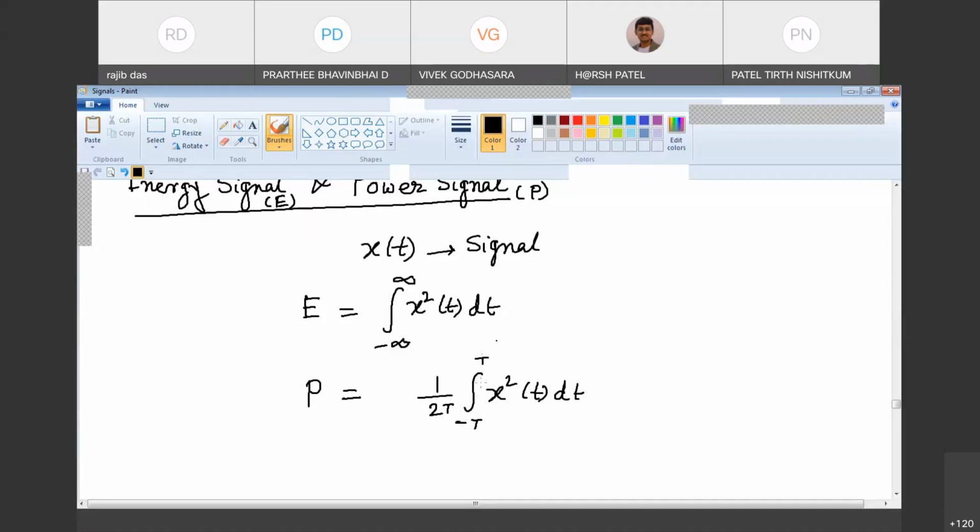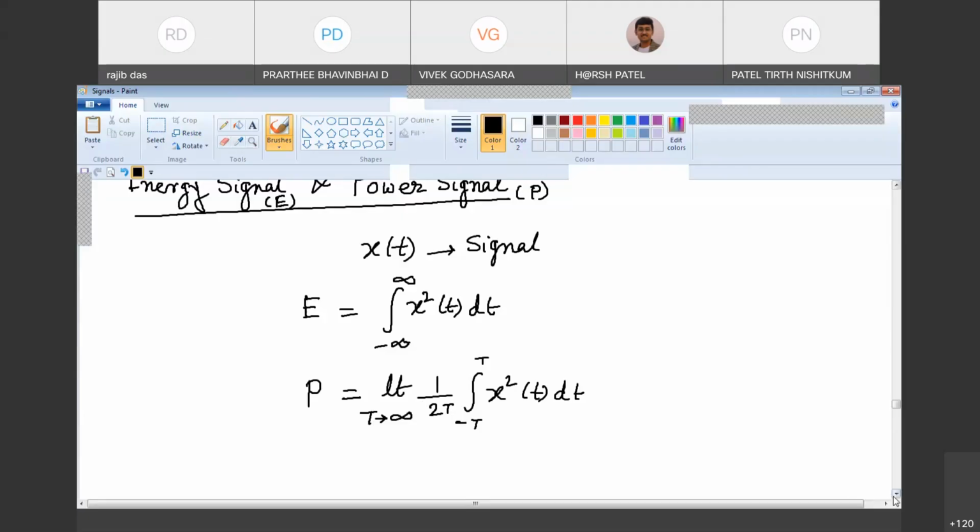Then if we wish to compute the entire range, then obviously we can go for the limit T tends to infinity. Basically this is your energy, you divide by time, we get a power. It is called average power. So this is the definition for energy and power of a signal.